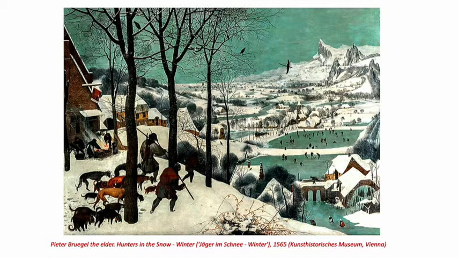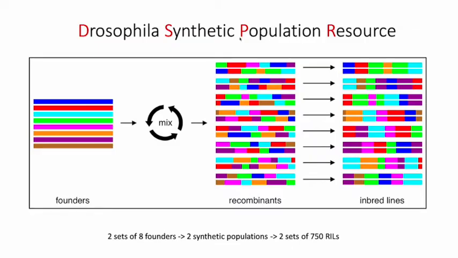Now, a little bit more history. The other work I could have talked about today is something I'm pretty well known for, called the Drosophila synthetic population resource. It's much like the synthetic populations of yeast we talked about the other day. We started with 8 founders, which are highly characterized isogenic lines.